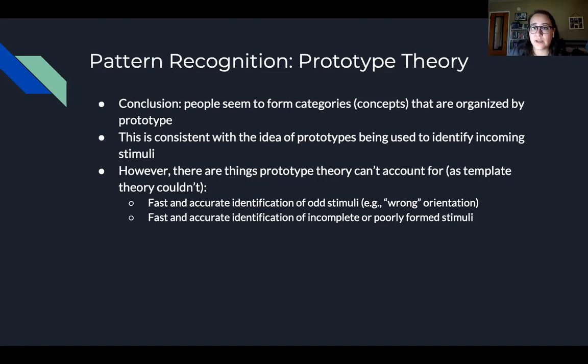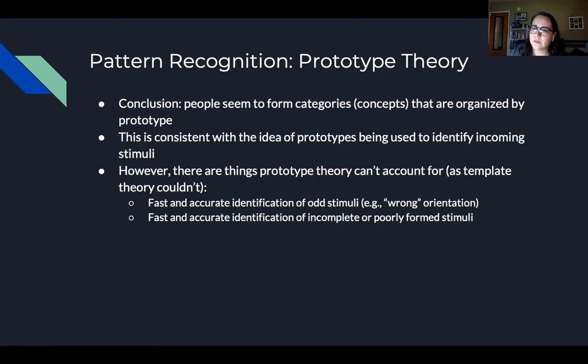Like my dog prototype, when I think about a dog, I think of it standing upright, all 4 legs, and I'm still able to identify a dog that's rolling around in the grass. Totally different orientation. It's down on the ground. Maybe I can't even see all of its legs fully, right? But I can still say, oh yeah, that matches with my prototype of dog.